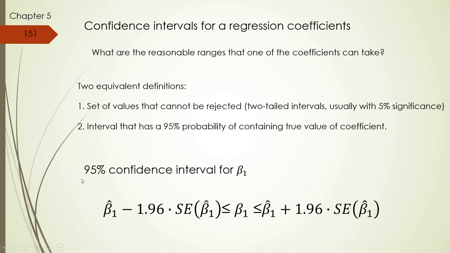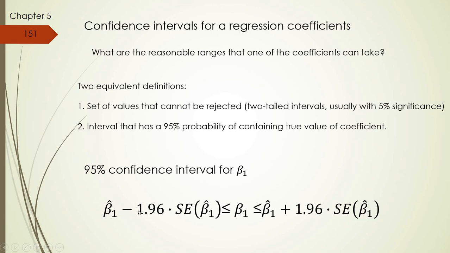So the 95% confidence interval for beta 1 is this. This is the lower limit, the minimum, and this is the upper limit, the maximum. Again, what we need here is our value of beta 1 hat in our model, and the critical value from the statistical table. For 95% it is 1.96.